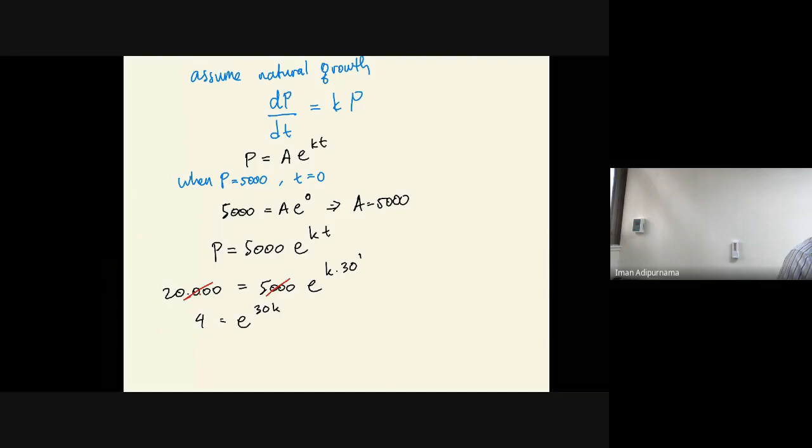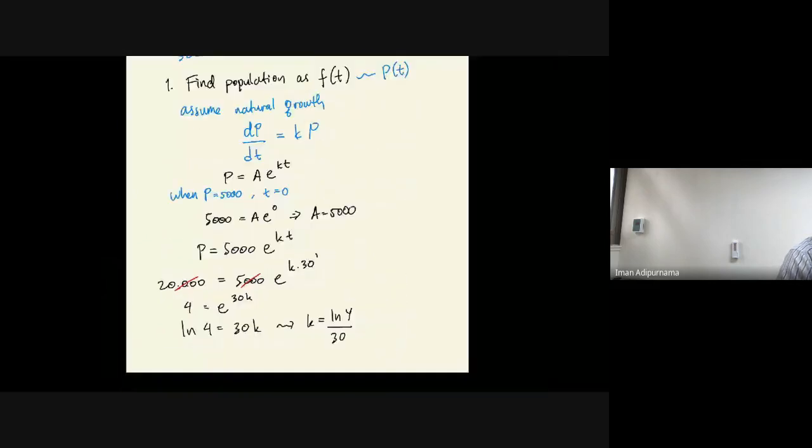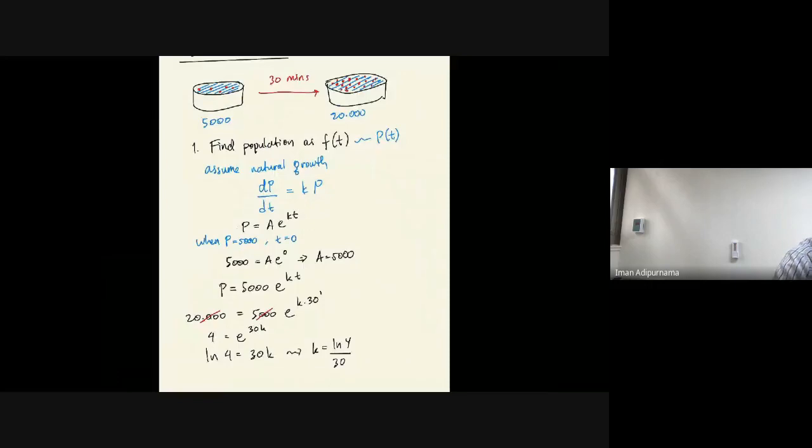It's not 30,000, it's k, a constant. Solve this with ln: ln 4 is 30k, and we get k is ln 4 divided by 30. So from here, we can conclude our P as time increases is 5,000 e^((ln 4 / 30)t). This is our model.